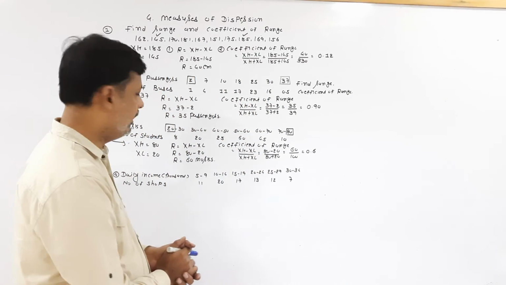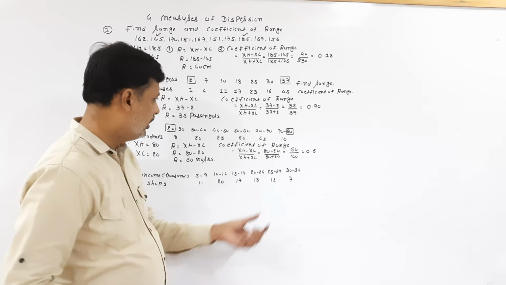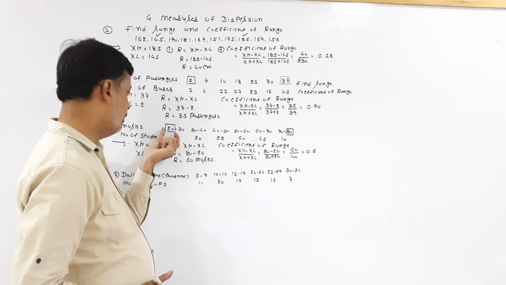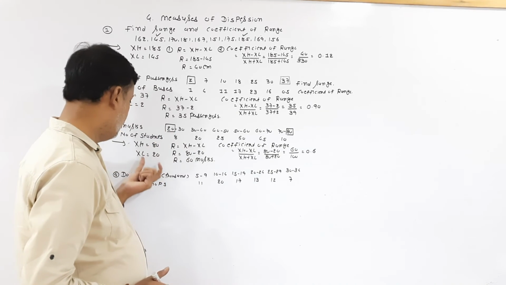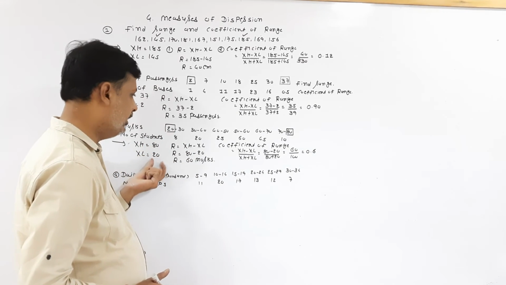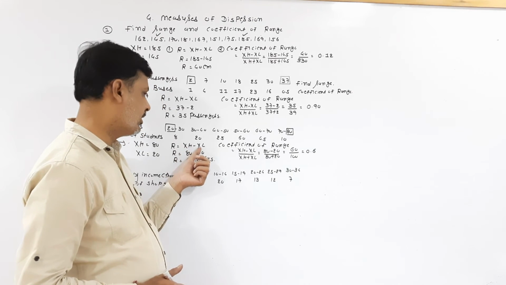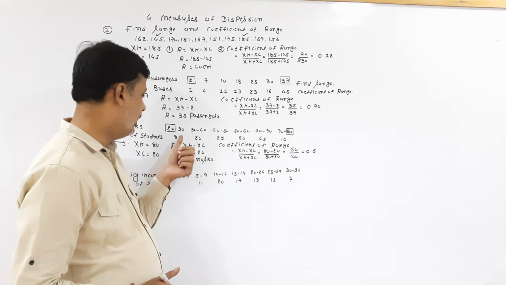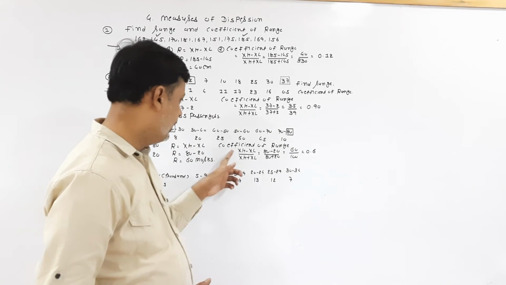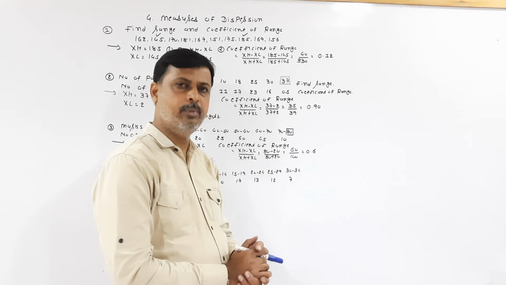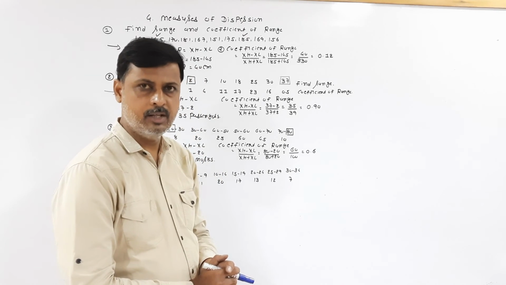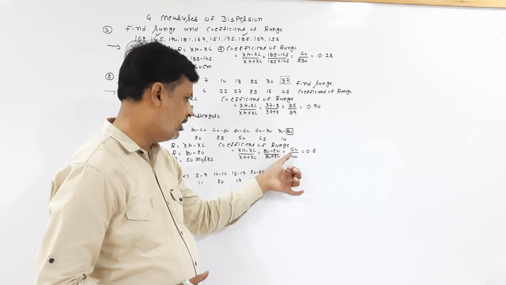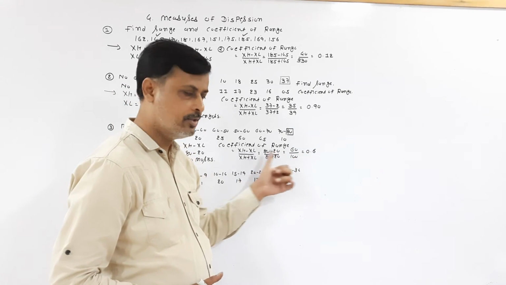So marks and number of student is given. Highest observation, that is 80, and lowest observation, that is 20. XH 80, XL 20. R is equal to XH minus XL. 80 minus 20 becomes 60, and marks. And coefficient of range means XH minus XL upon XH plus XL. 80 minus 20 upon 80 plus 20, 60 upon 100, that is 0.6.